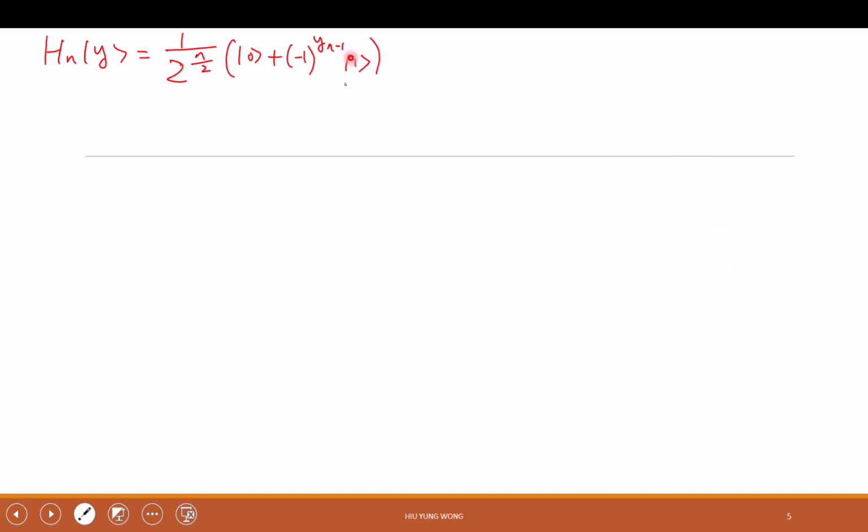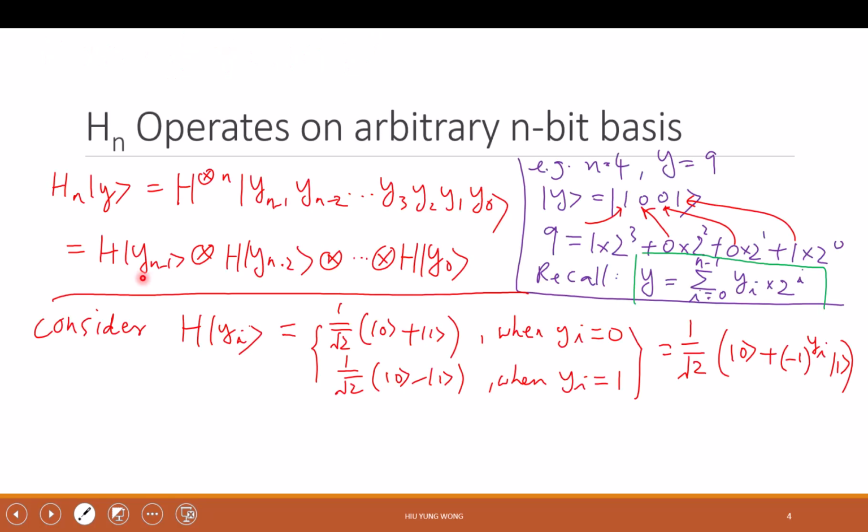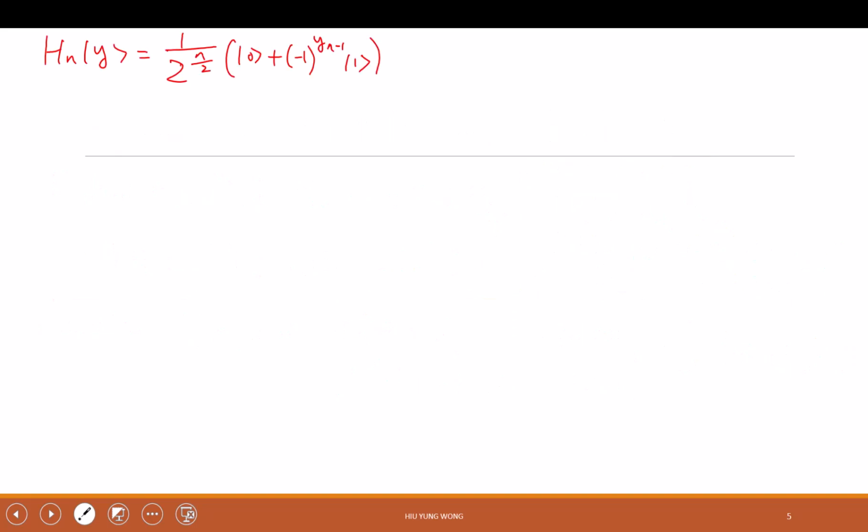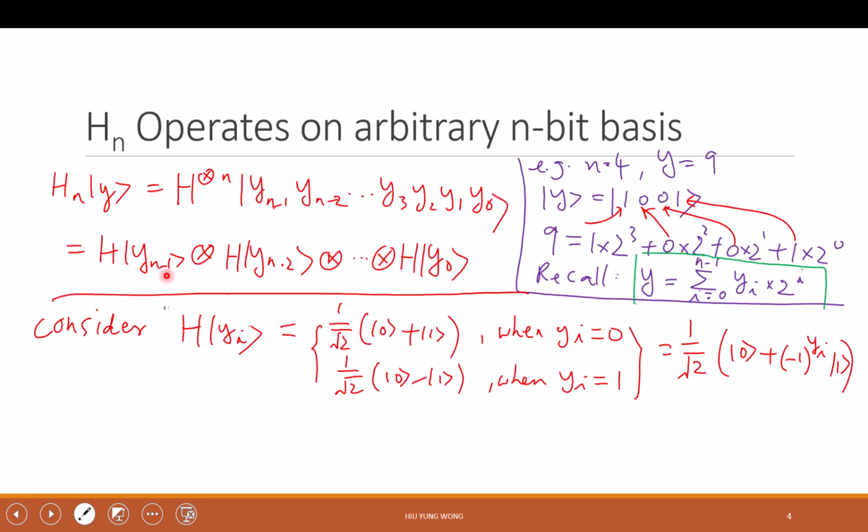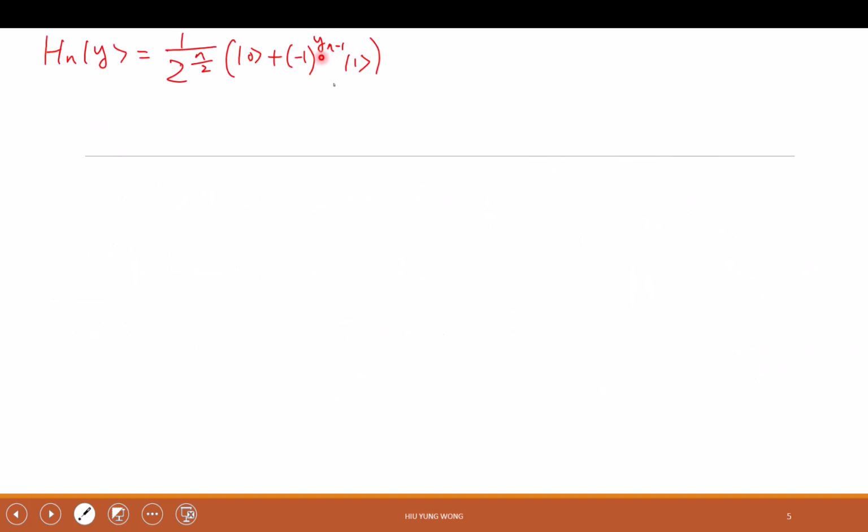So I apply h to y n minus 1. Right? So i equal to n minus 1. Is that okay? Right? I'm talking about this. I'm applying h to each of these terms. So the first term, h applied to yn minus 1, based on this, is this term to the power yn minus 1. That's why I have this.